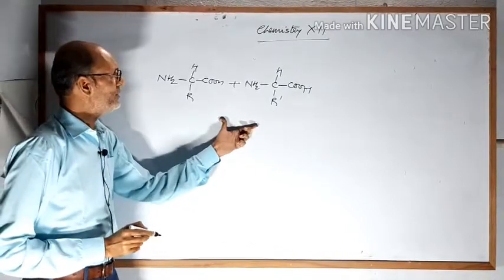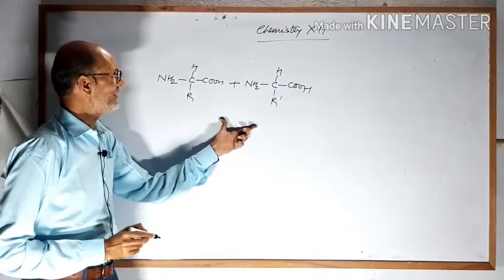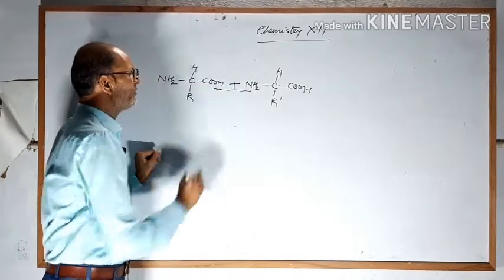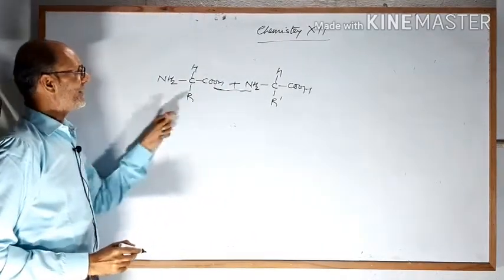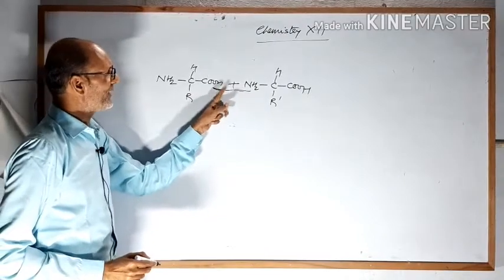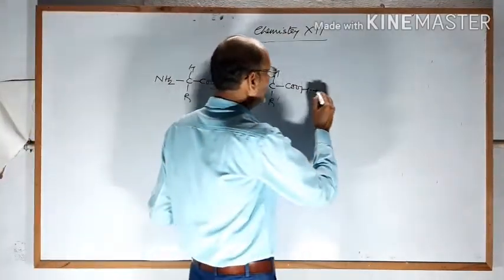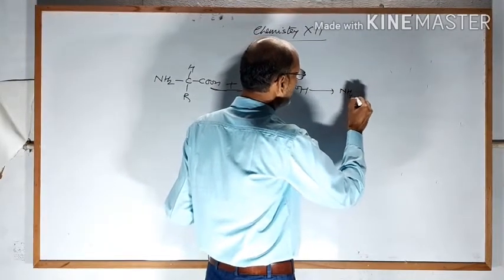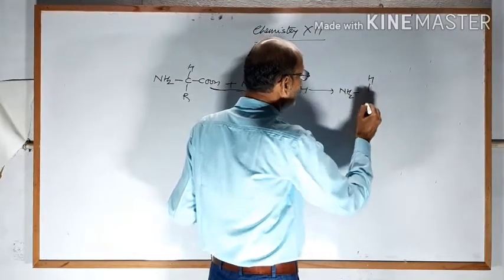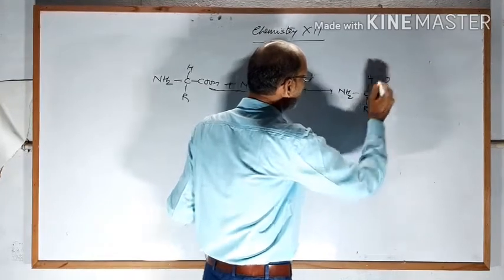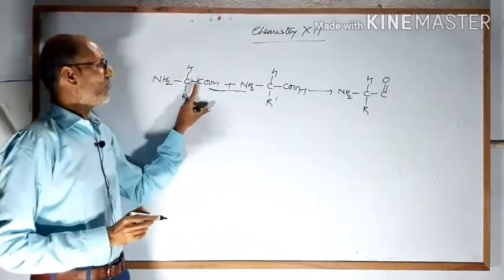When they come in contact, they undergo condensation. That means water can be removed from here and here. So what you will get: OH will be removed from here, H can be removed from here. So you will get NH2 single bond C single bond H single bond R single bond C double bond O. I am writing in the open structure.